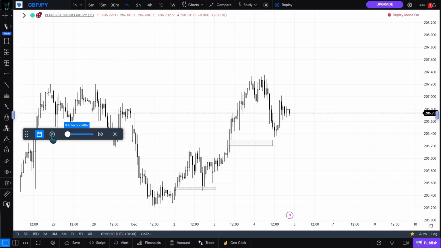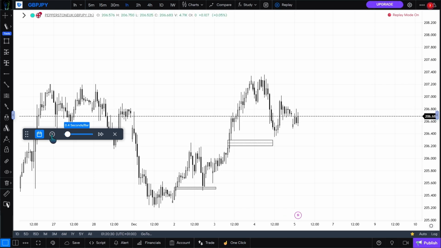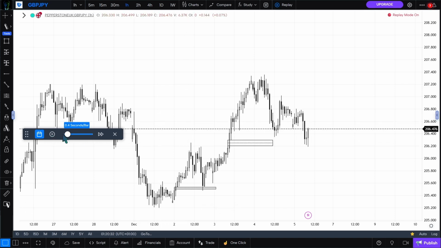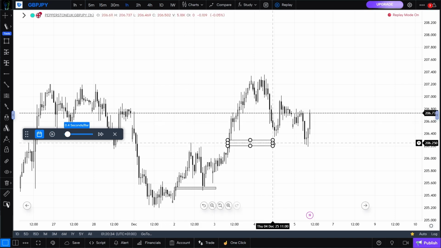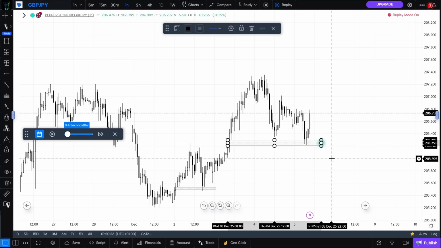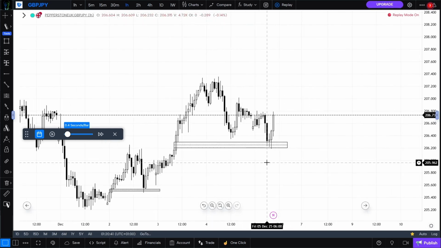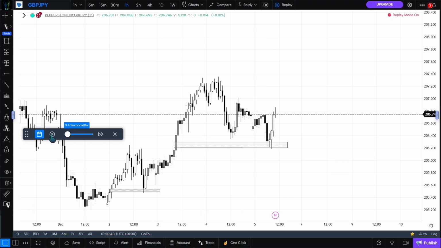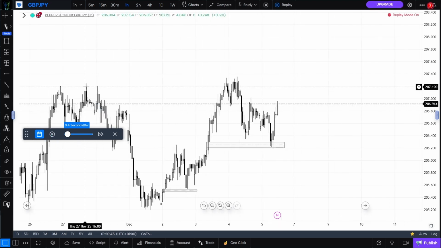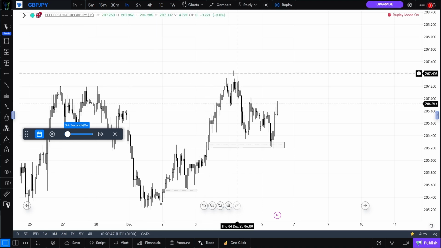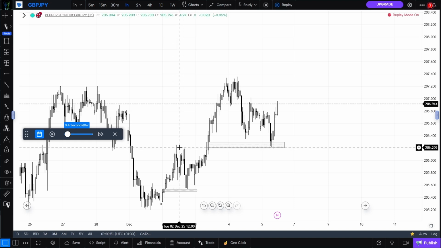We did not touch. Now we did. As you can see, price touched internal range liquidity once again. Let's see what it does next. Still maintaining our goal. Okay, it has already been cleared out. So now we have this as our external range liquidity. This was external. This is now the external range liquidity.